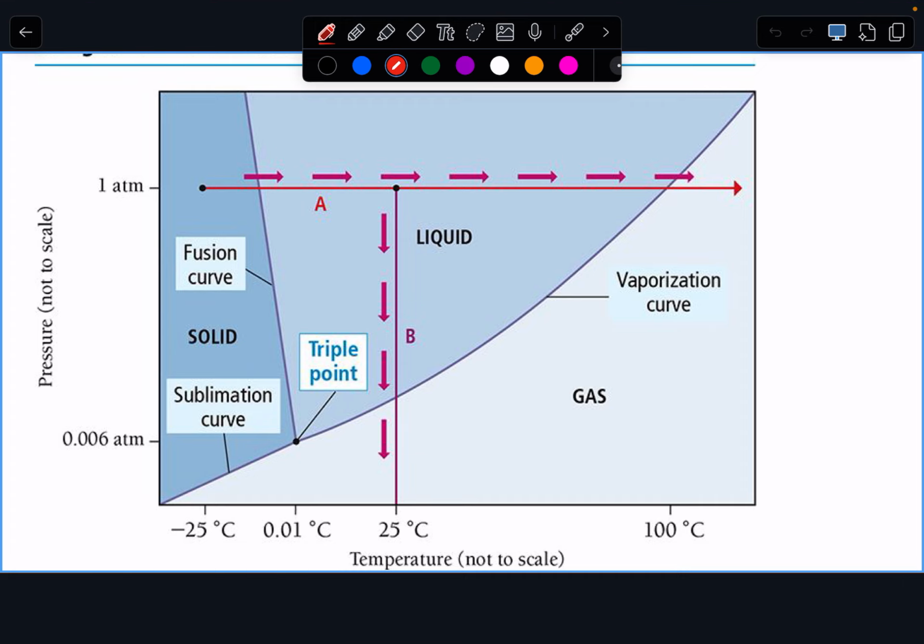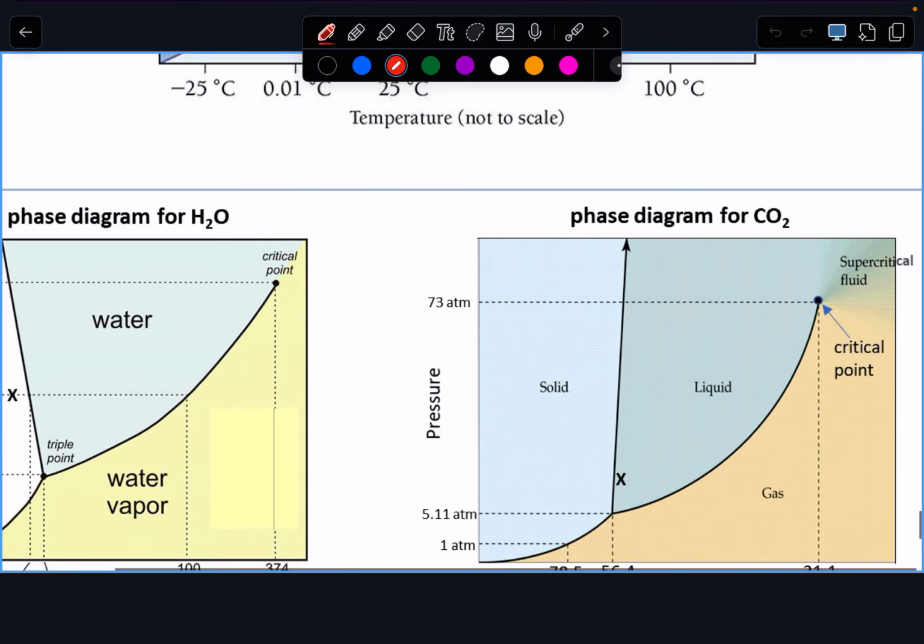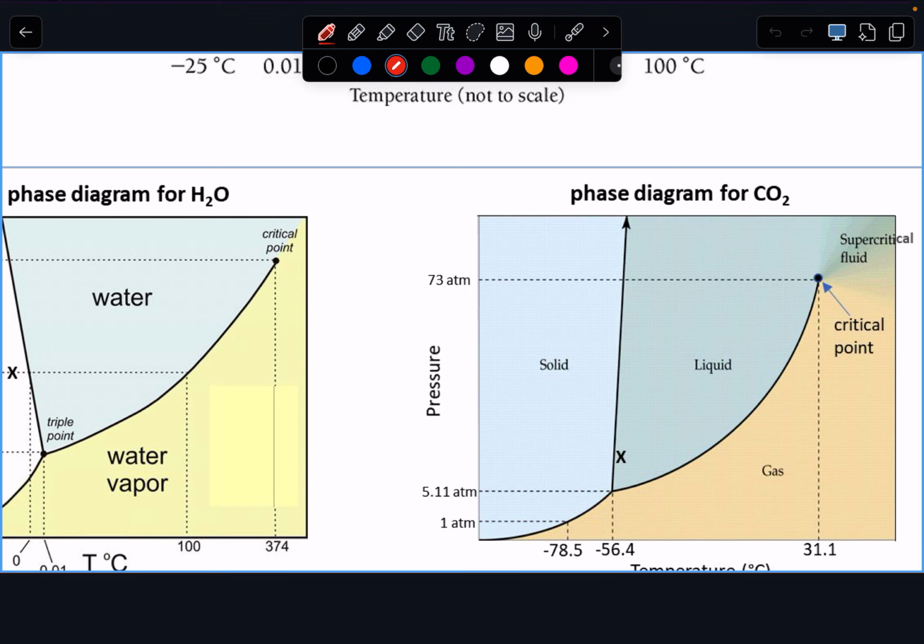So, a phase diagram shows you how a compound, water in this example, will behave based on its temperature and pressure. And it specifically tells you about phase changes. So the lines that are part of the diagram, not the dotted lines on these ones, but just the regular straight lines.